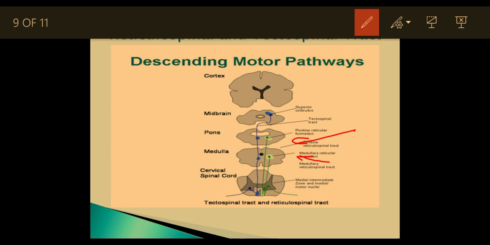Then they descend through the lateral part of the anterior white column, and eventually into the anterior horn cell. These reticulospinal tracts extend up to the thoracic segment of the spinal cord.